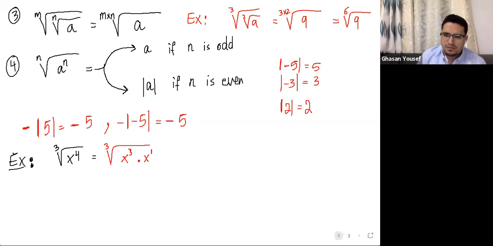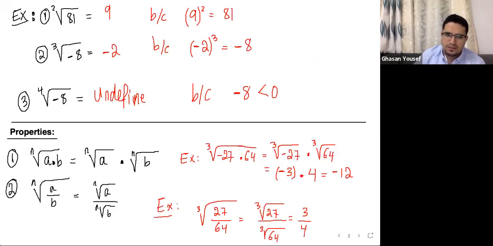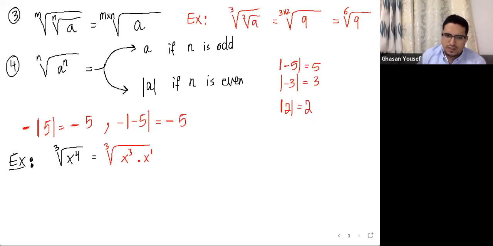Now, by using the first property, I can separate the root into 2 pieces, first piece and second piece. So this is equal to the third root of x to the power 3 times the third root of x to the power 1. Now, this one is the same as property number 4. Look at number 4, I have n and n.